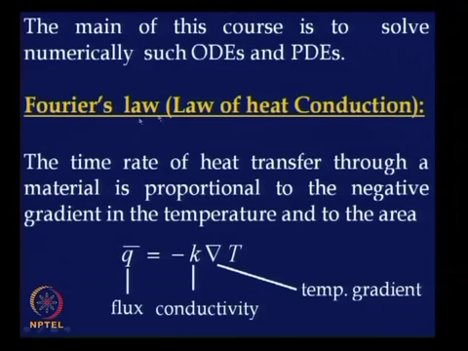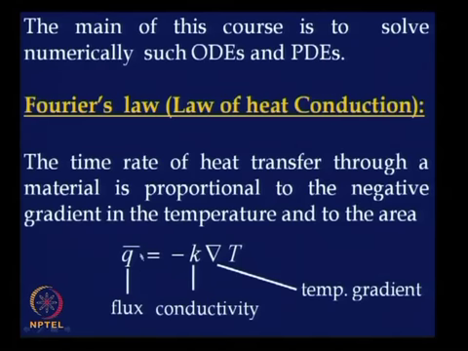So, now let us consider a second example, which is very popularly known as Fourier's law. This comes in heat conduction problems. So, what is that? Let us see. Fourier's law is the law of heat conduction. The time rate of heat transfer through a material is proportional to the negative gradient in the temperature and to the area.